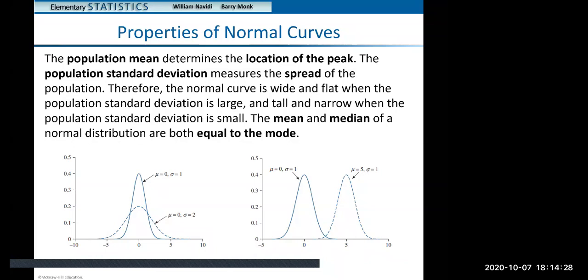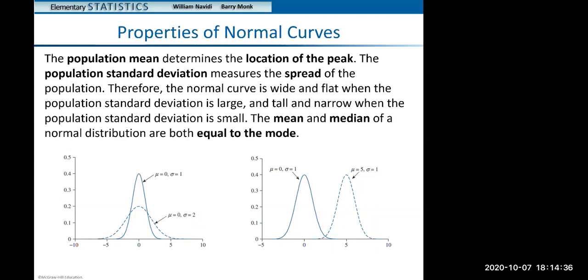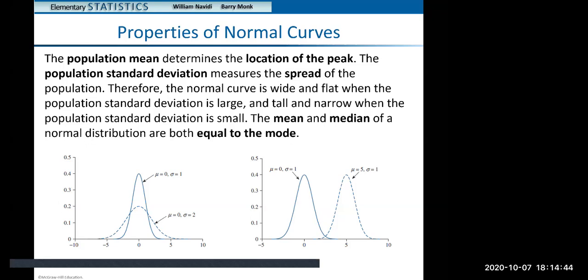What are the properties of normal curves? The population mean determines the location of the peak. The population standard deviation measures the spread of the population. Look at this here: mean equal to 0 with standard deviation 1, and this is mean equal to 0 with standard deviation 2.